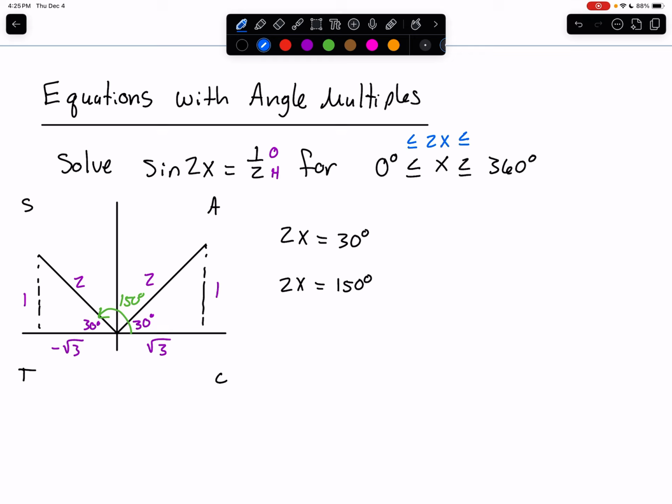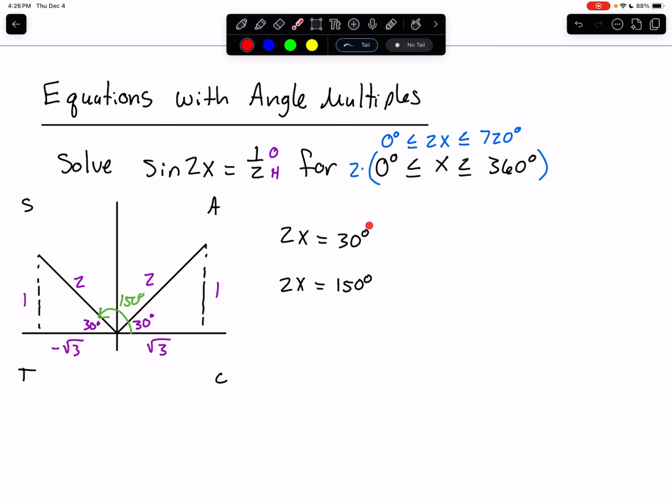To figure that out, I can take this whole interval and multiply it by 2, because I need to get a 2x inside. So I'm going to multiply everything by 2. 2 times 0 is still 0. 2 times 360 is 720. So this is 2 full rotations that I am working in between, not just 1.